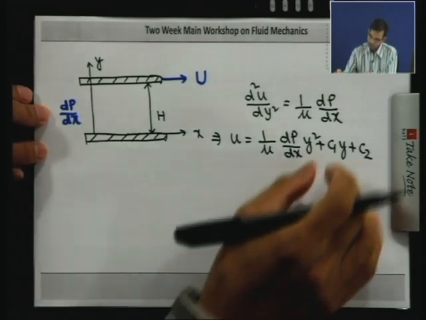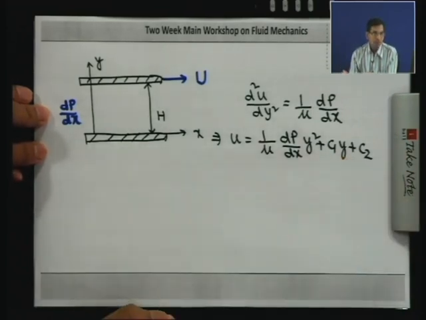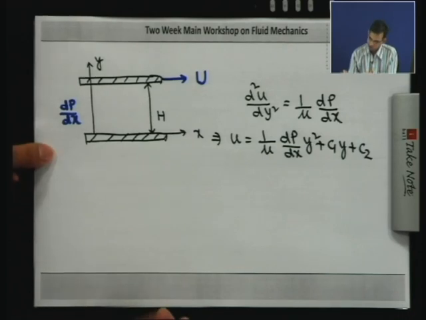So, here the boundary conditions will be different from the plane Poiseuille flow. What are those boundary conditions?